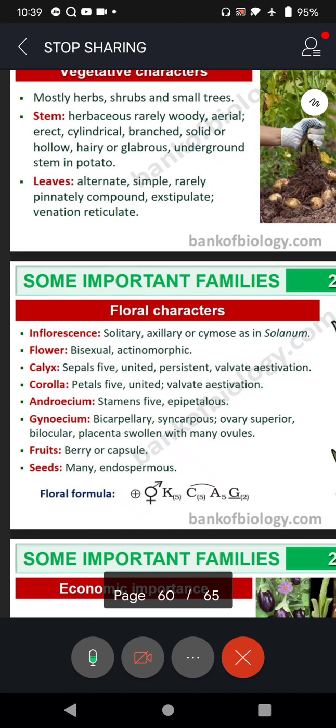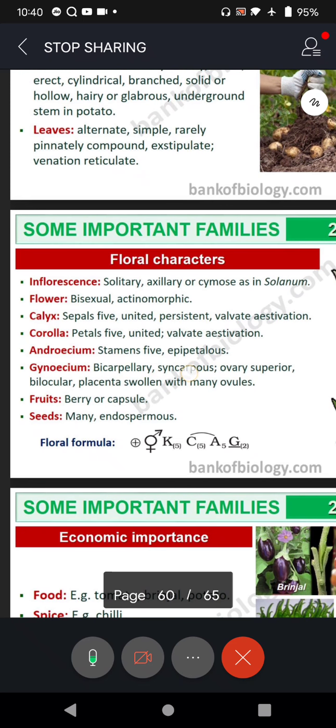Instead of writing bisexual, you are not going to write that flowers will have both androecium and gynoecium, androecium consists of this, gynoecium consists of that. No, you are using simply the technical word, bisexual. Actinomorphic. What do you mean by actinomorphic? Yesterday's class I said two, actinomorphic and zygomorphic.